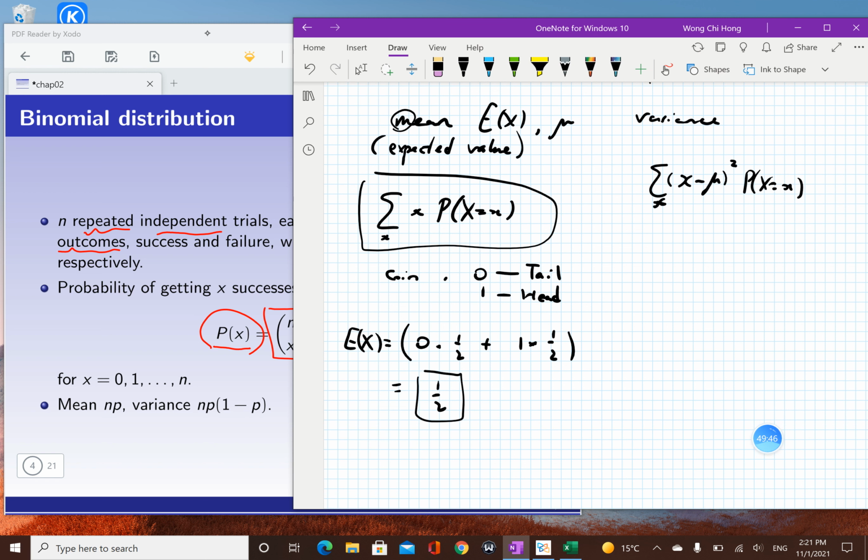Depending on what sort of textbook you use, you may see variance of X or sigma squared. And if you want the standard deviation, we just take the square root. That's sigma.